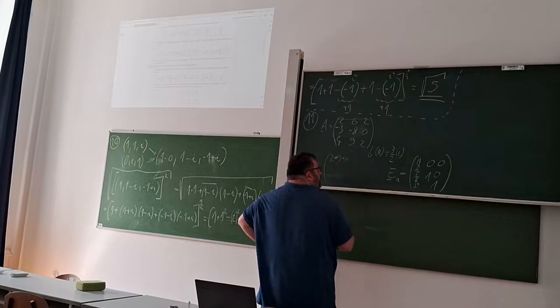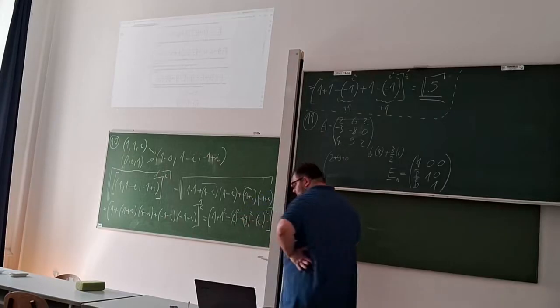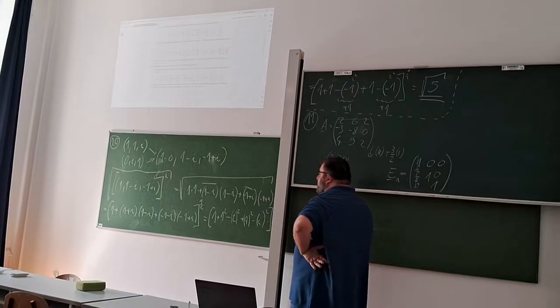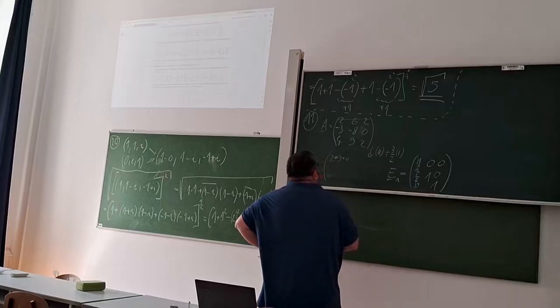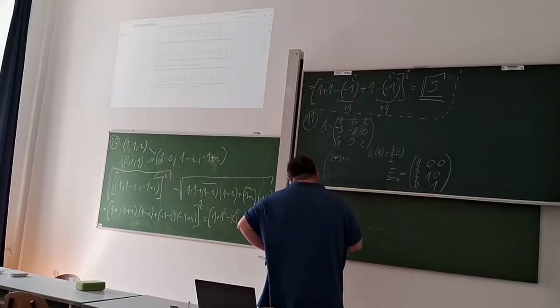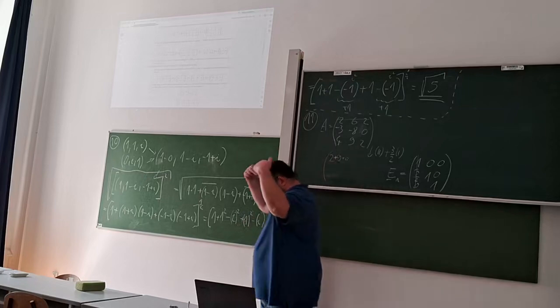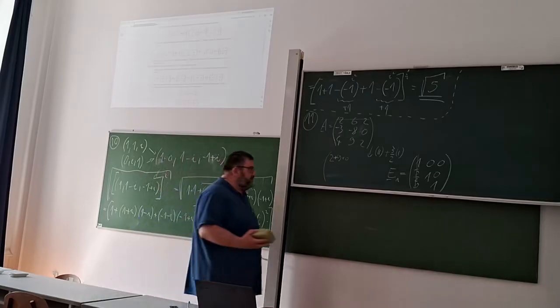Are we trying to eliminate the -3, making the -3 0? Sorry, what did you say? We're not changing the first row, we're changing the second row. Yes. So something is perfectly wrong. Oh no! Professor error.